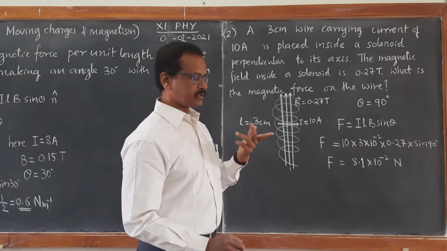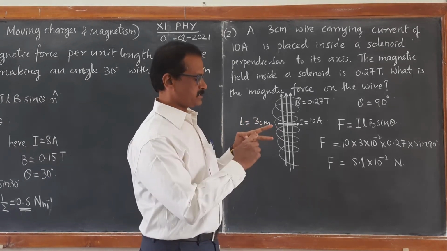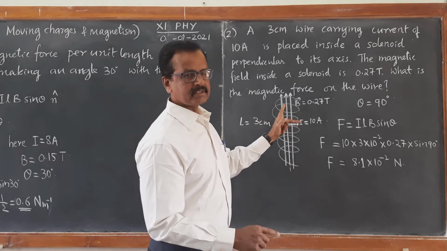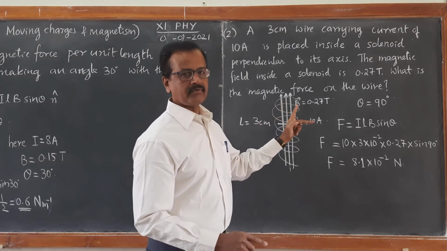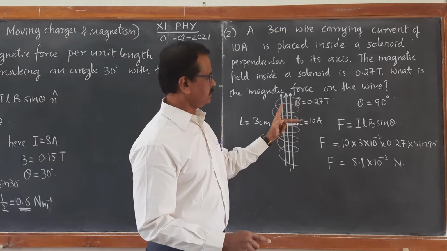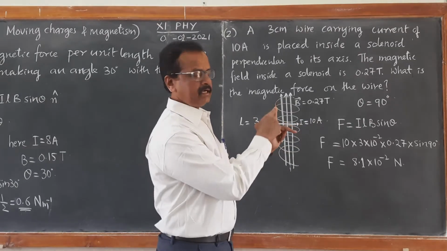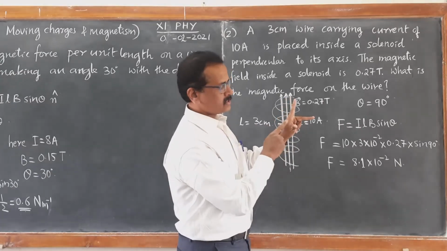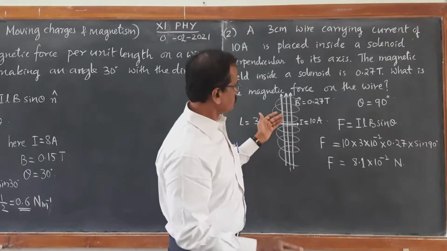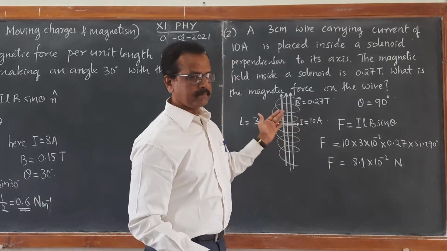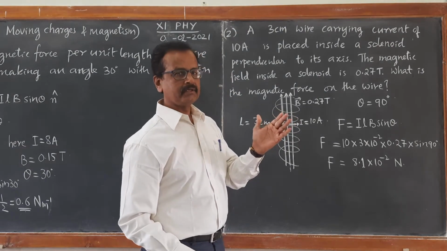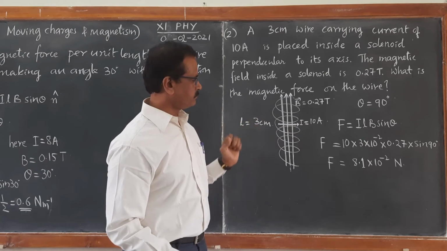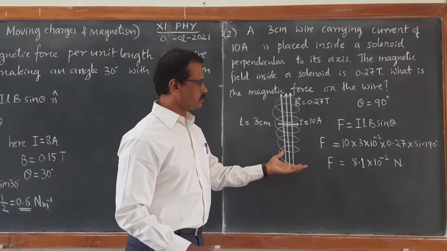Again you can use Fleming's left hand rule. If the central finger represents the direction of current flowing in the conductor, the forefinger represents the direction of magnetic field, the thumb represents the direction of Lorentz force. So the wire will be pushed in the perpendicular direction, perpendicular to the plane of the poles. Like this you need to solve.